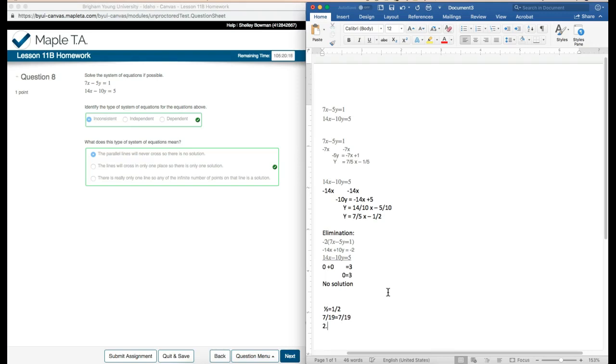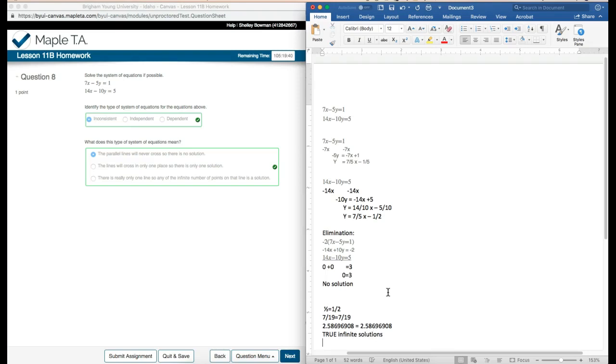I could have 2 point some weird number, as long as that weird number is the same. Whatever it is, if it is true, then this means that they are the same line, and if I were to graph them, they would lie on top of each other, and I have an infinite number of solutions.